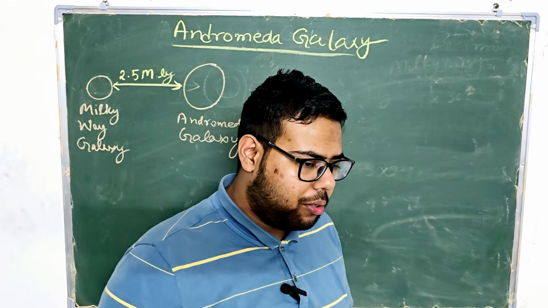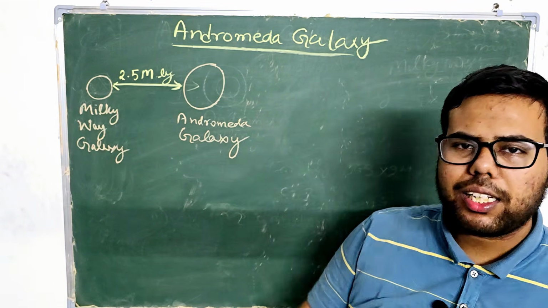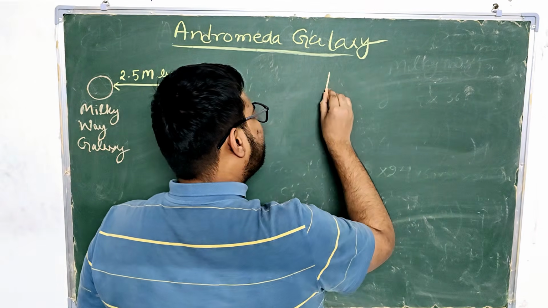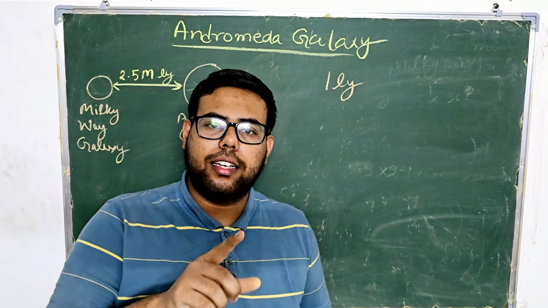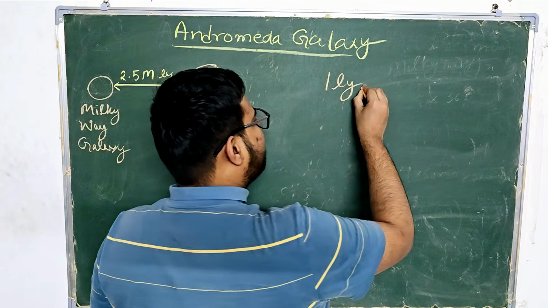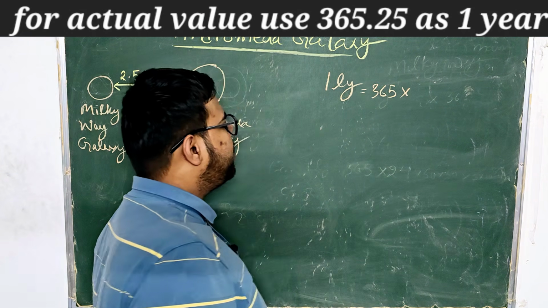Now if you don't know the magnitude of this, let me introduce you to the concept of a light year. One light year is the distance traveled by light in 1 year. So how many days are there in 1 year? 365.